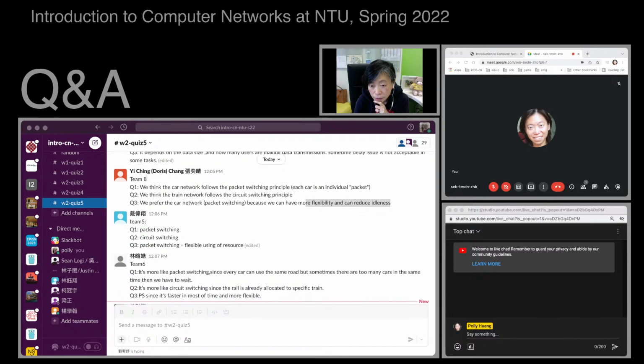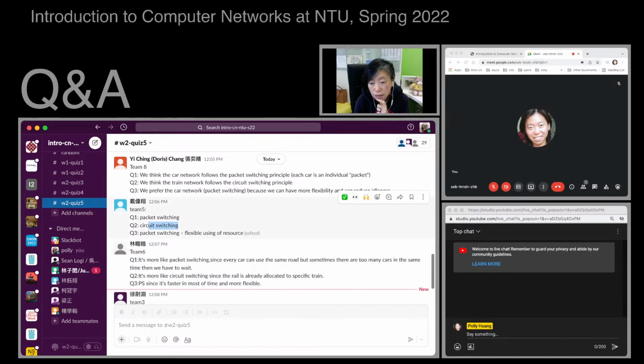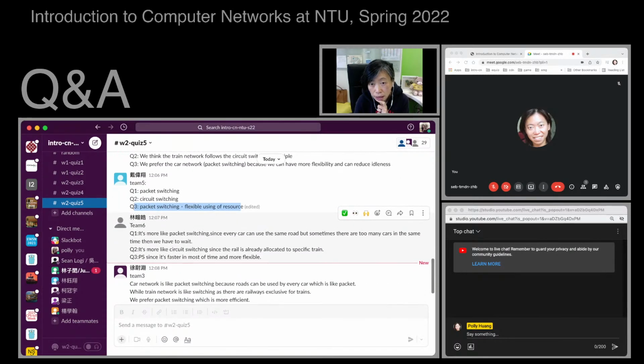All right, so we're here. Let's see, team 5. Packet switching for the car network and circuit switching for the train network. You also like the flexibility of the packet switched network. And Shen Hao: packet switching, because every car uses the same road, but sometimes there are too many cars and you have to wait.